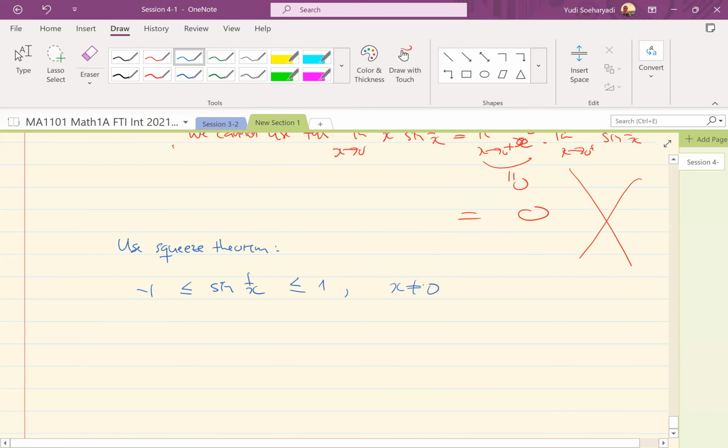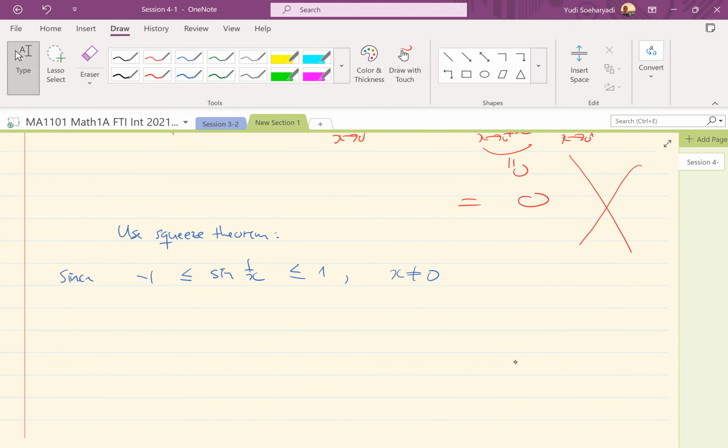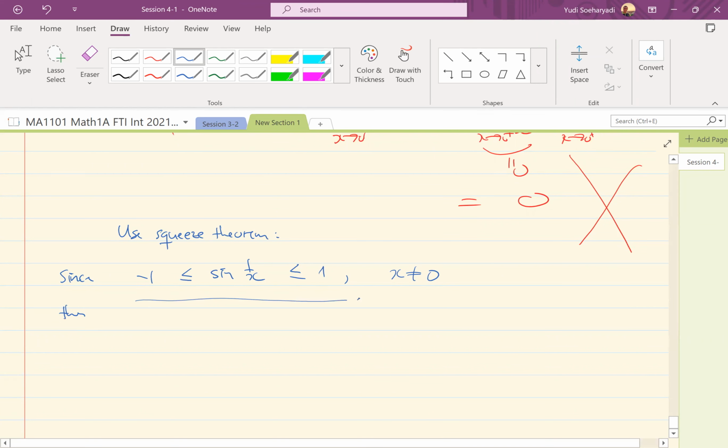And since this is true, we multiply the whole thing by x squared. Because x squared is non-negative, the inequalities are preserved.